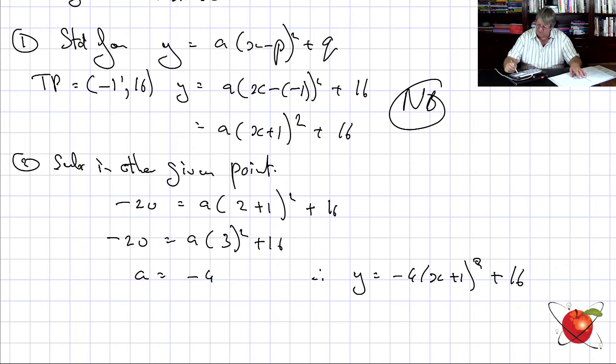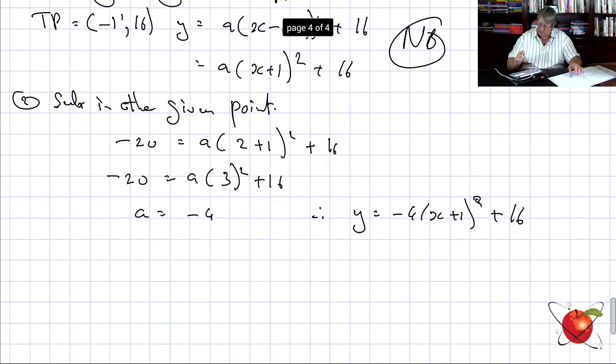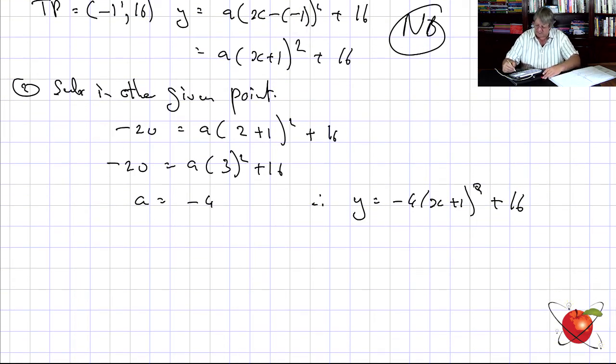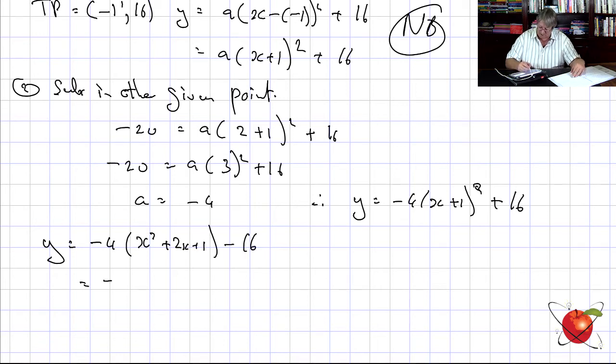So what do I have to do? I have to multiply it out, group like terms, and I get y is equal to minus 4 times x squared plus 2x plus 1, minus 16. And if you work it out, you're going to get minus 4x squared minus 8x plus 12. Can I divide through by 4?